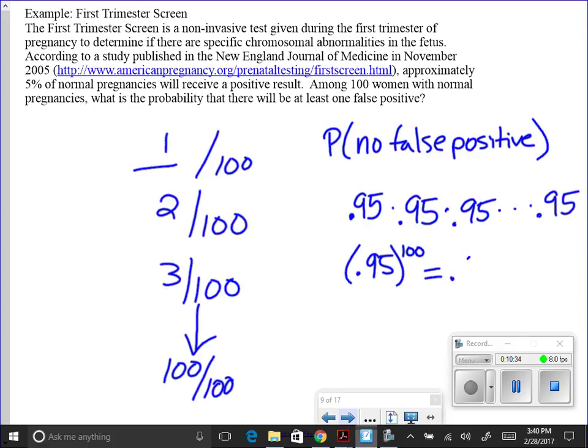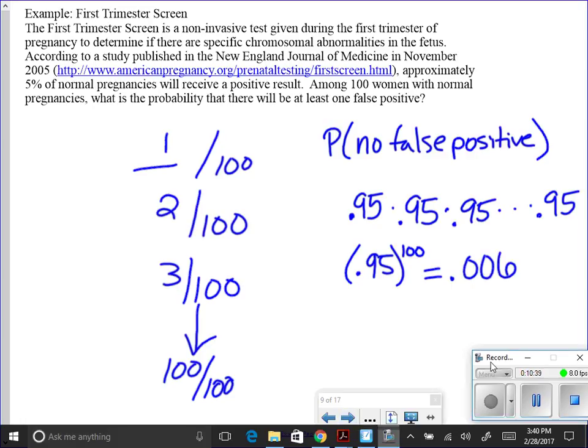So the probability that none of these women will have a false positive is 0.006. So if I subtract this from 1, I get the probability that at least one of the women will have a false positive.